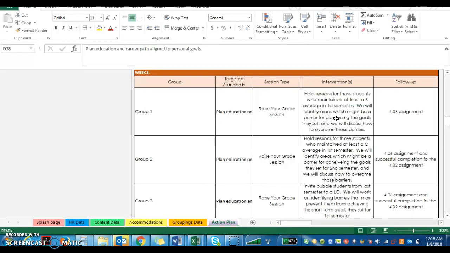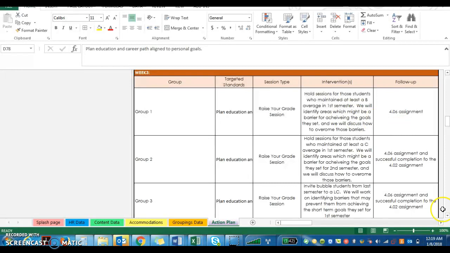I'm going to hold sessions for those who maintained at least a C average in first semester with my Group 2. We're going to be looking at barriers for the second semester, maybe some barriers that kept us from succeeding and making an A or a B in first semester, and seeing what we could do to overcome those barriers in the next semester. And kind of the same thing for Group 3 as well.